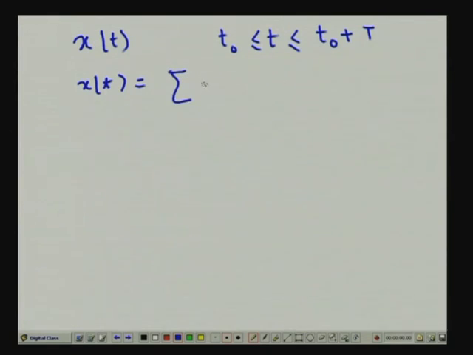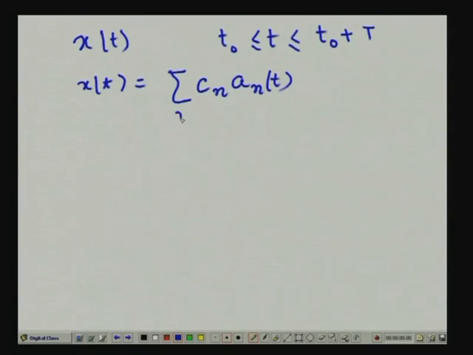summation C_n a_n(t). You remember that a_n(t) is the set of orthogonal basis functions. So, we represent x(t) as a series summation: x(t) equals the sum of C_n a_n(t), where n varies from 0 to infinity.